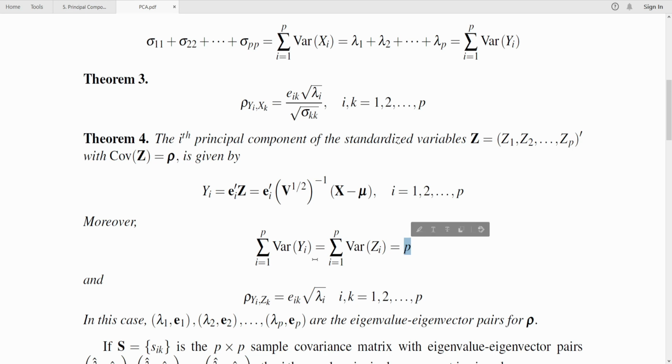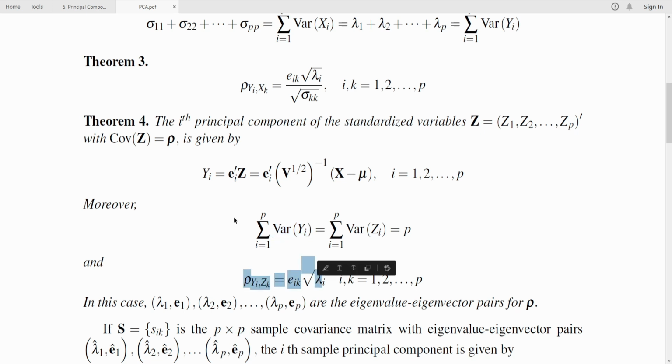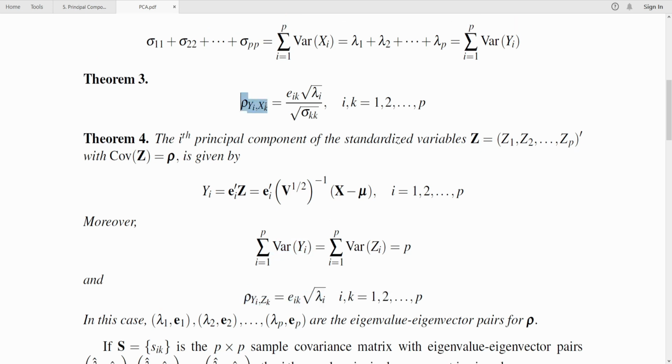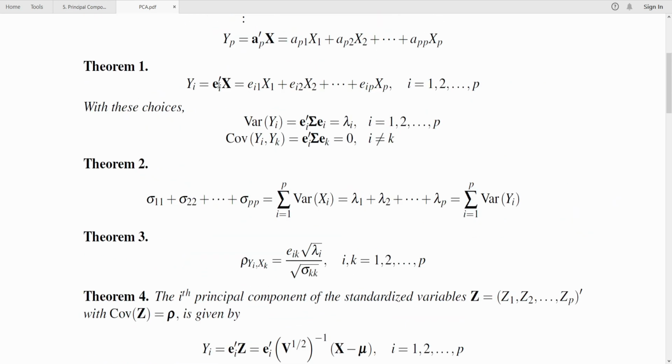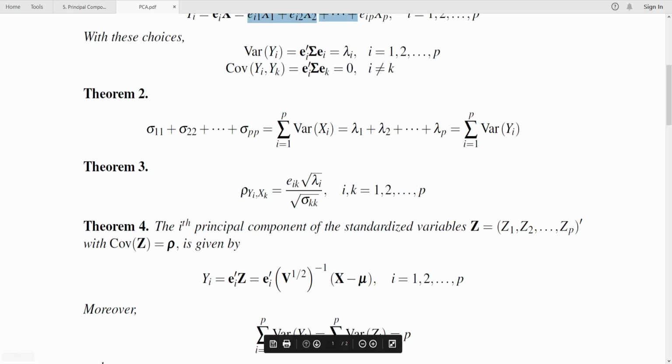Then from this equality we also know that the sum of these variances is also going to be p. We can also derive the correlation coefficient, because we know that this is 1.